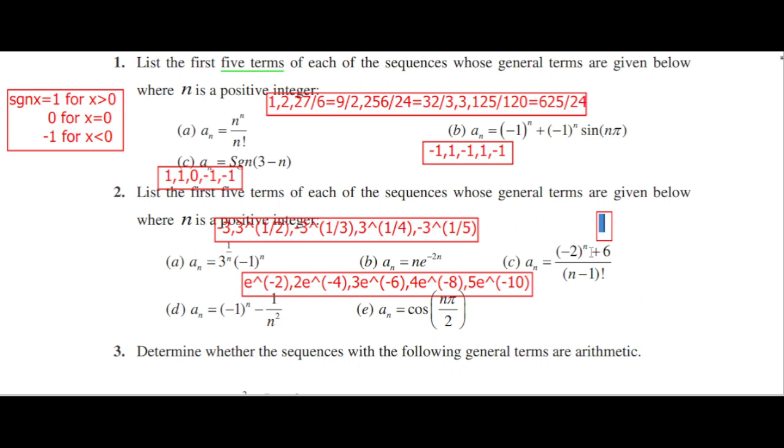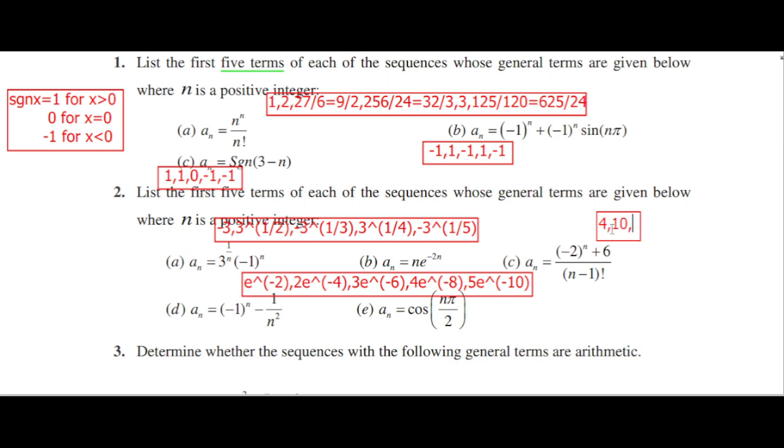Minus 2 to the power of 1 is minus 2, plus 6 is 4, over 1 minus 1 factorial, 0 factorial is 1, so the first term is 4 over 1, which is 4. The second term: minus 2 to the power of 2 is 4, plus 6 is 10, over 2 minus 1 factorial, which is 1, so 10 over 1 is 10. Second term is 10.